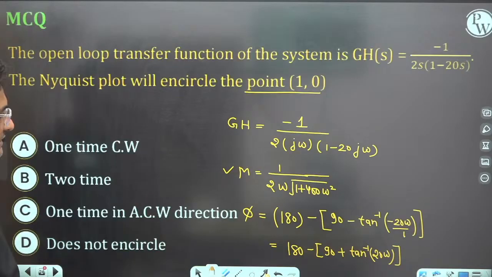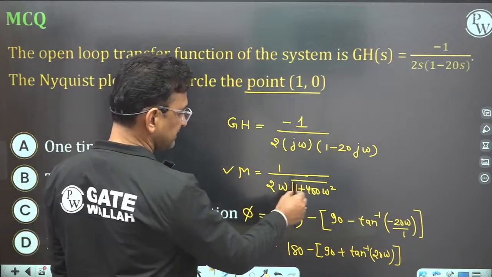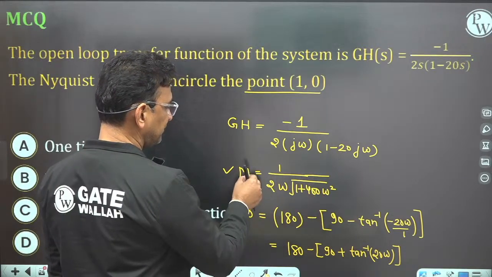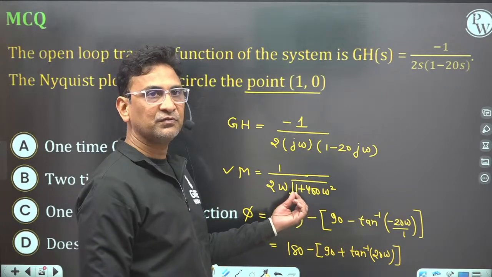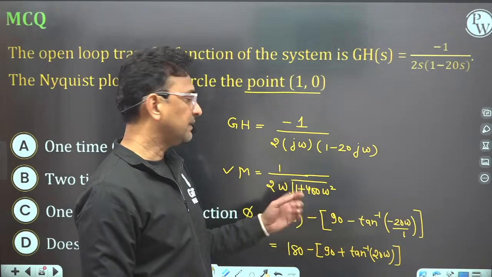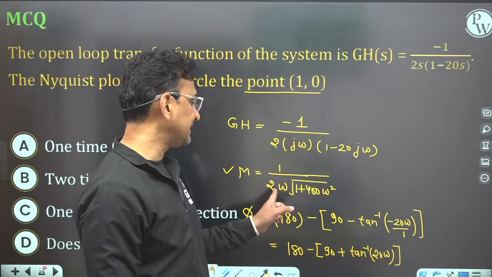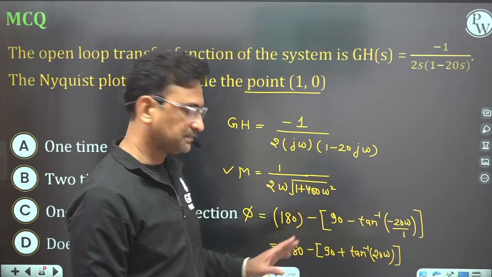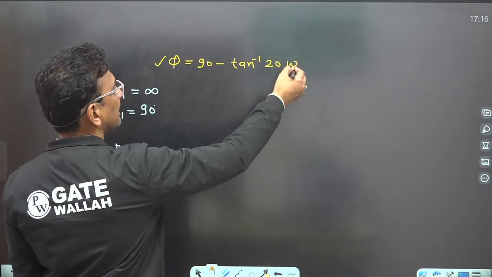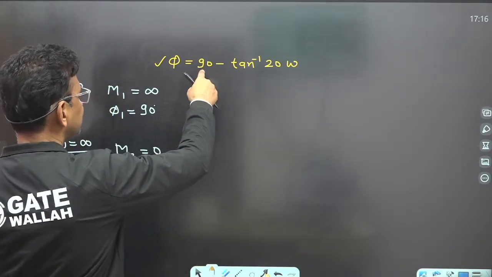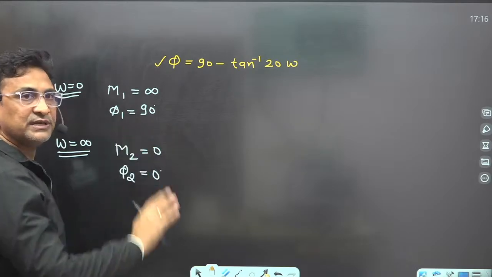And from this it is clear, whenever you increase omega, the magnitude will continuously decrease. If you increase omega from one value to another, the magnitude will continuously decrease. And second, if you increase the value of omega, the phase angle will change from 90 to 0 degree only.